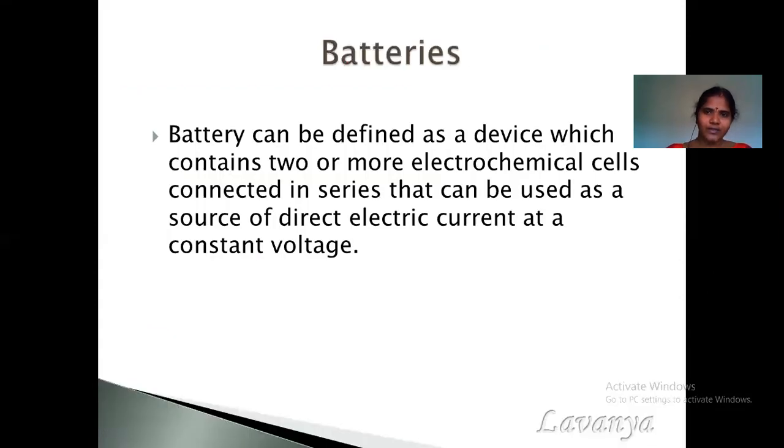A battery is a device which contains more than two electrochemical cells connected in series and that can be used as a source of direct electric current. Simply say, there are a number of electrochemical cells arranged in series.